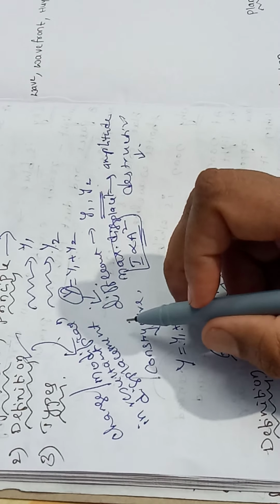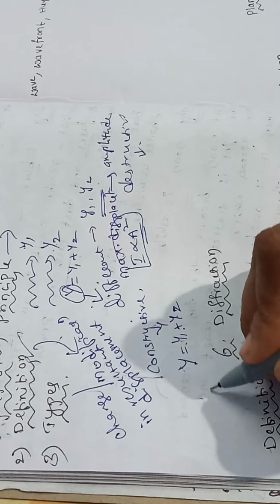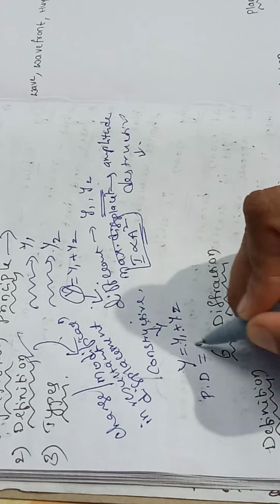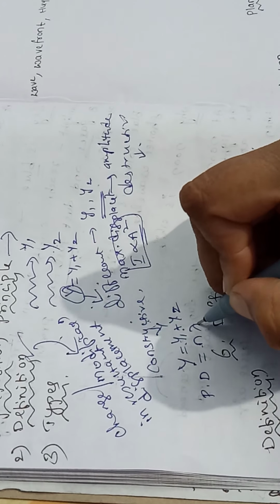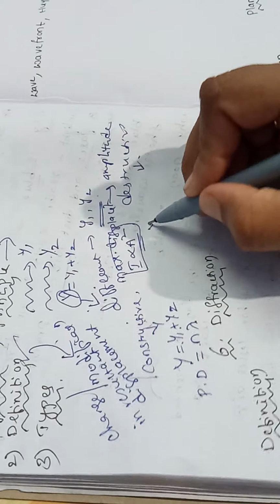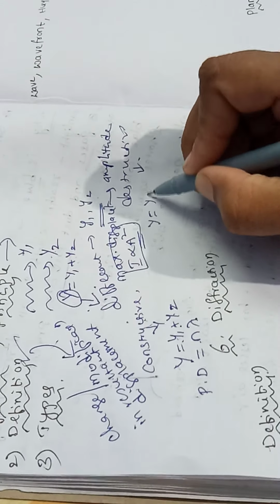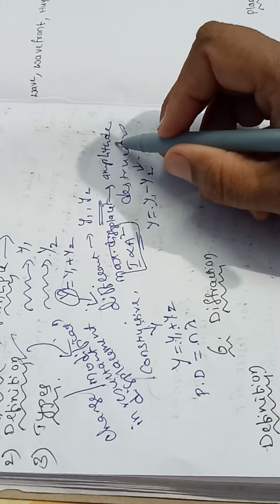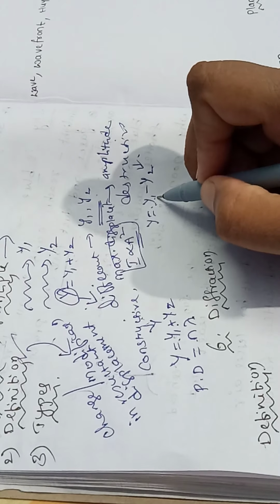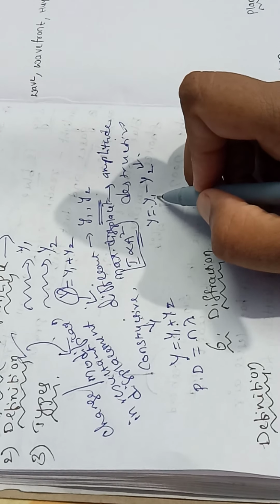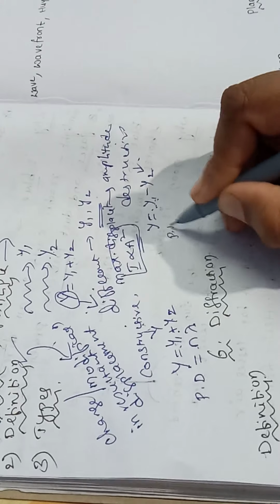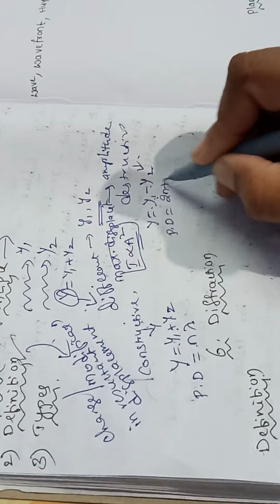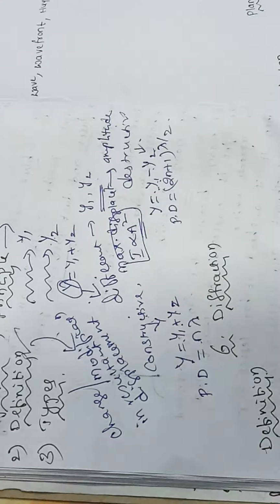There we will find maximum intensity points, and the path difference between any two waves for constructive interference will be an integral multiple of the wavelength. Destructive interference means the resultant displacement is the difference of displacements of the individual waves. There we will find dark regions or minimum intensity points. And here the path difference between any two waves will be equal to (2n+1) lambda by 2.